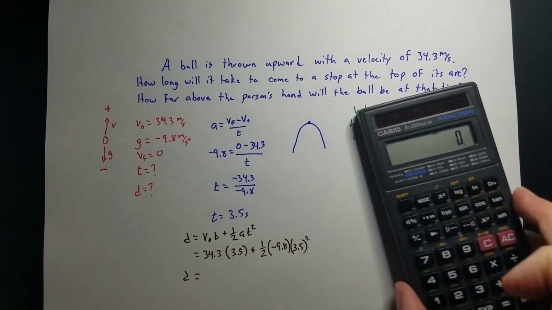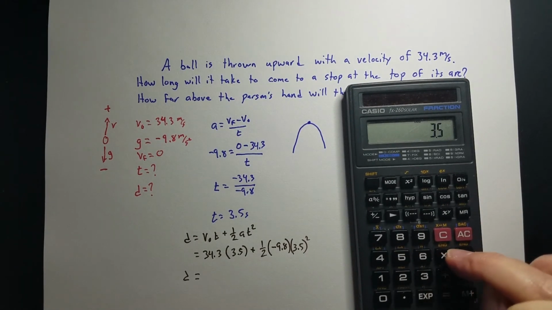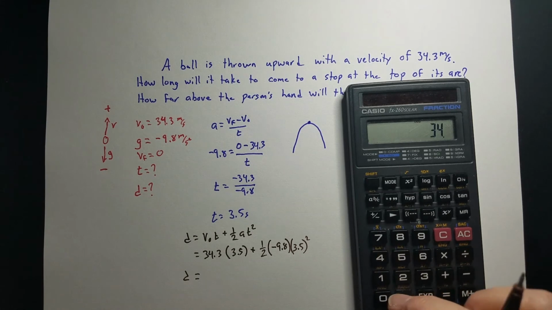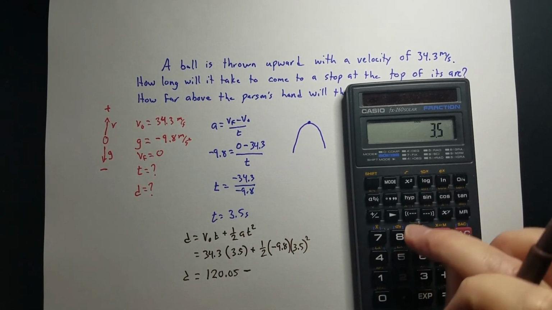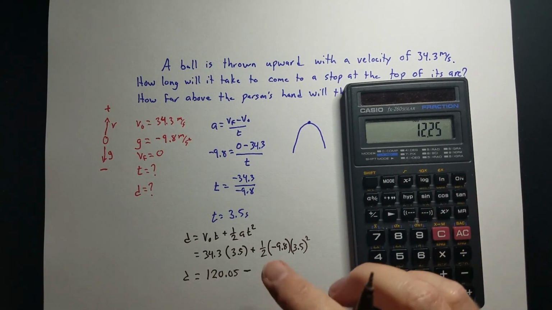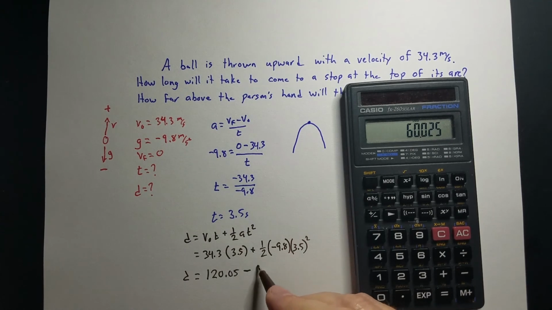Okay, so now we just use our handy dandy calculator. 3.5 times 34.3 gives us 120.05 minus, that minus sign is going to come out, 3.5 squared times 4.9, 60.025.